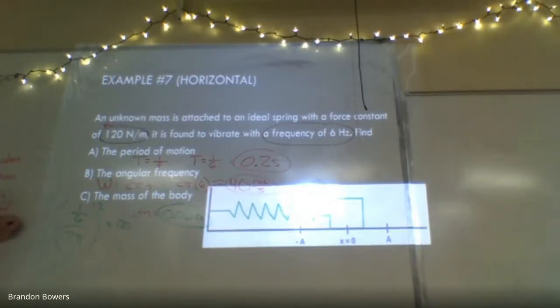So after dividing this, I got 0.026. That's what you got? You squared it? And I squared it, and then I got 0.0007. No, that is not what I got. I got 0.06. Whoa.